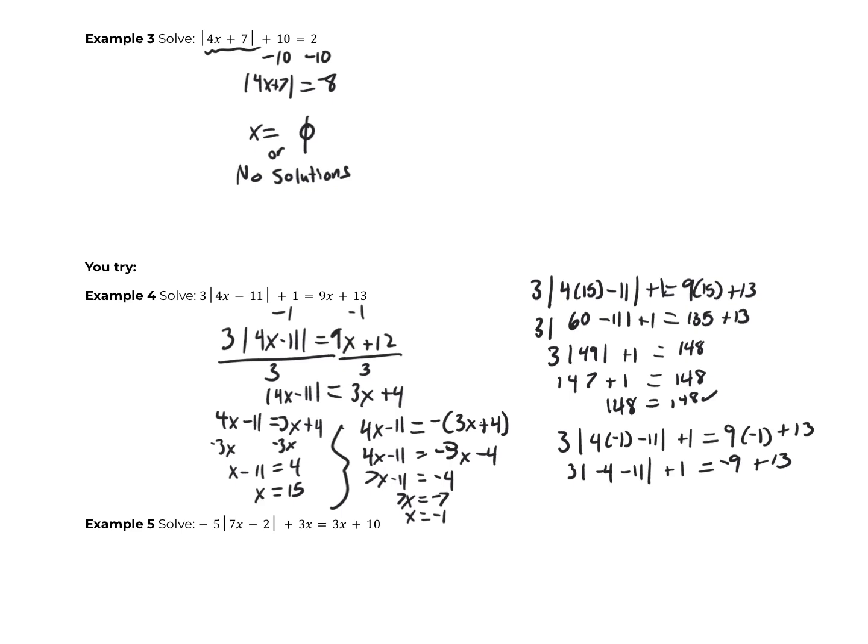Negative 4 minus 11 is going to be negative 15. Negative 9 plus 13 is going to be 4. 3 times negative 15 is negative 45, and negative 45 plus 1 is negative 44. Well, that's not the same thing as 4. So that doesn't check out.